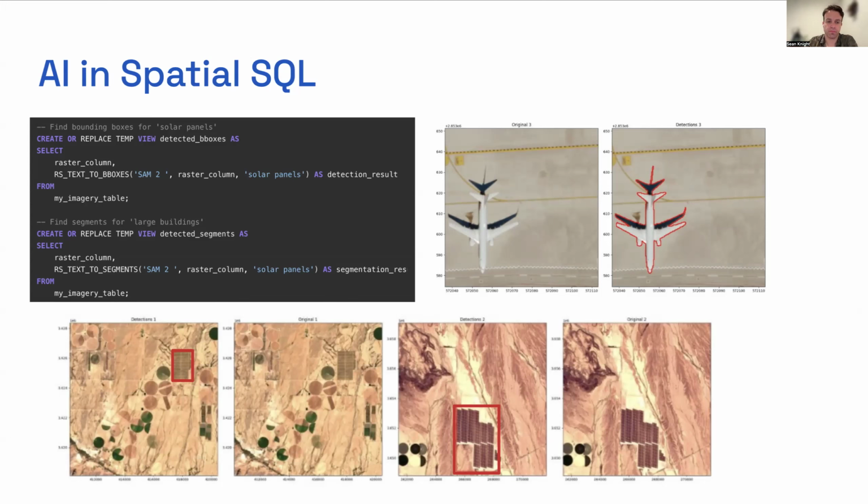Last thing I'll mention, this is an area where we're spending a lot of investment because of the amount of imagery being captured about the Earth. There are new satellites getting shot up into space constantly. Every couple weeks, I feel like I see a new constellation getting launched. So what we're doing is enabling you to run machine learning models, pre-trained ones or ones that you've trained yourself, using spatial SQL or Python, to extract imagery, understand what a thing is, and create polygons around it.